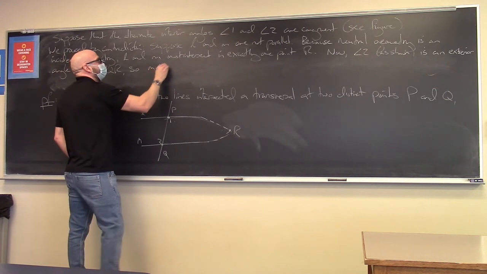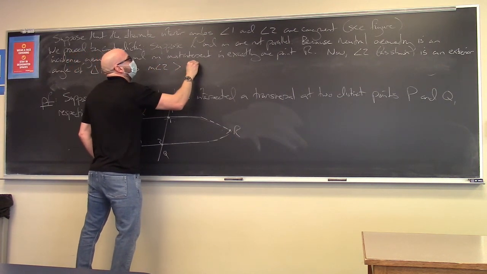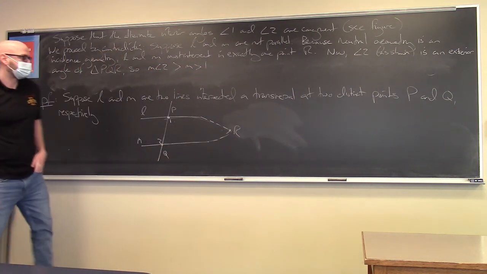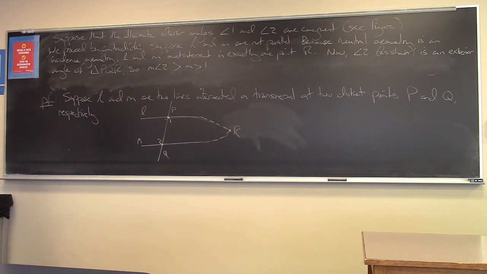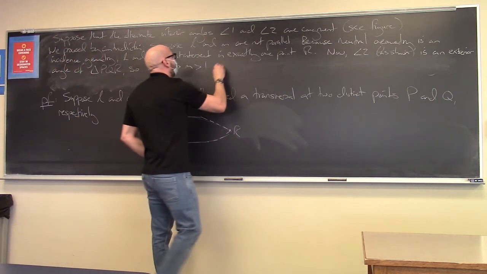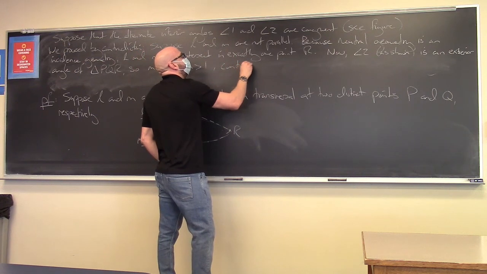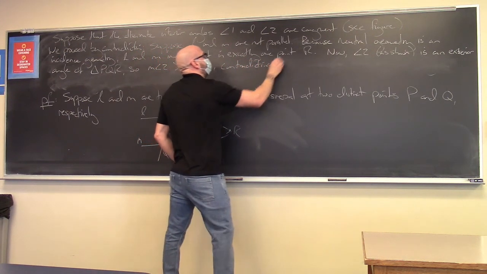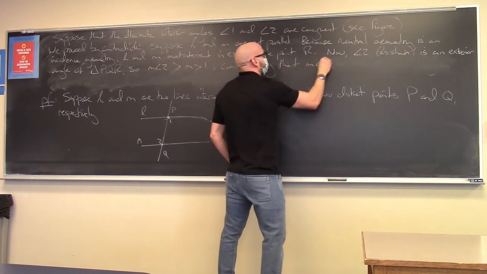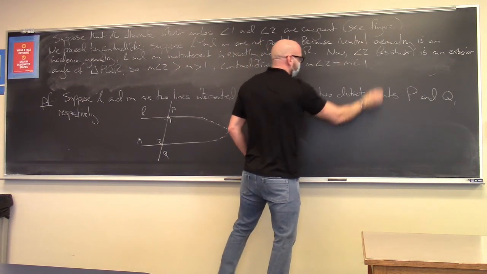So the measure of angle 2 is bigger than the measure of angle 1. Contradicting that the measure of angle 2 is equal to the measure of angle 1.